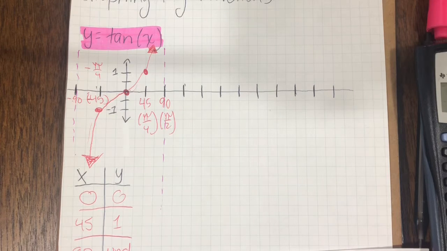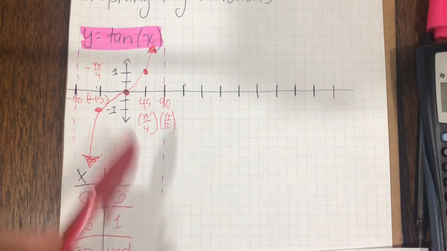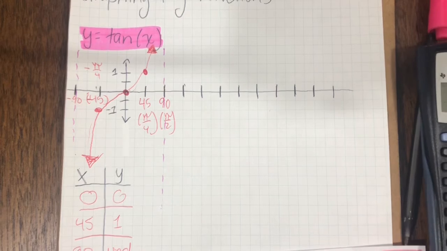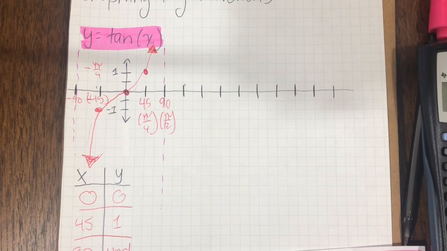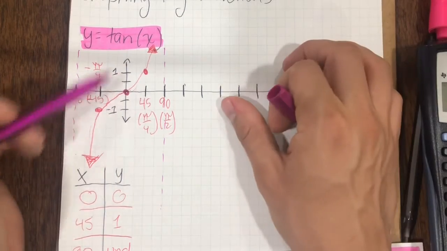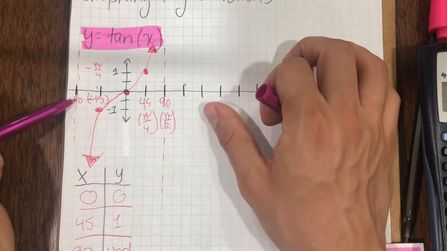So let's see what kind of pattern is going on in this graph. Usually when we have sine and cosine graphs, we have the min, max, mid pattern. Now in this situation, there is no maximum and no minimum points, so there's going to be a certain kind of pattern that we're going to explain with this graph.